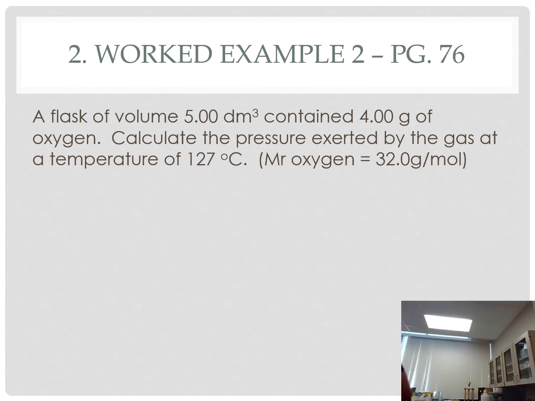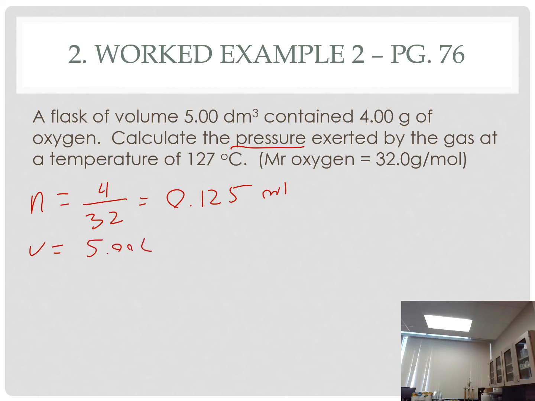We have volume, grams, and temperature, so we're trying to find pressure. We have to do one conversion for moles: 4 grams divided by 32 is 1/8, that's 0.125 moles. Volume is 5 liters. Temperature, add 273 to 127, that's 400 Kelvin.